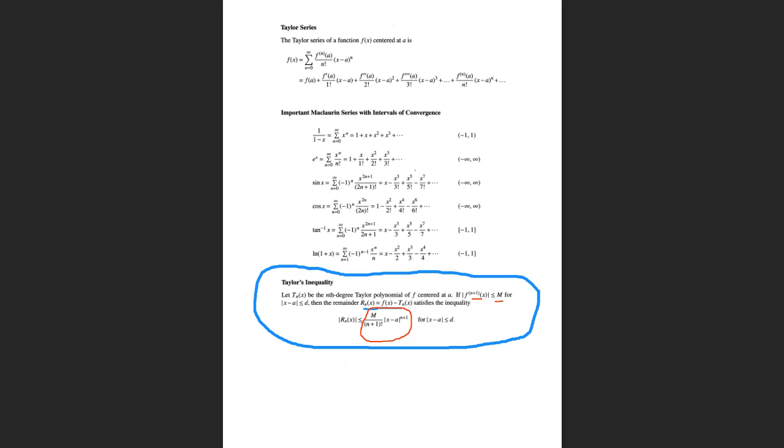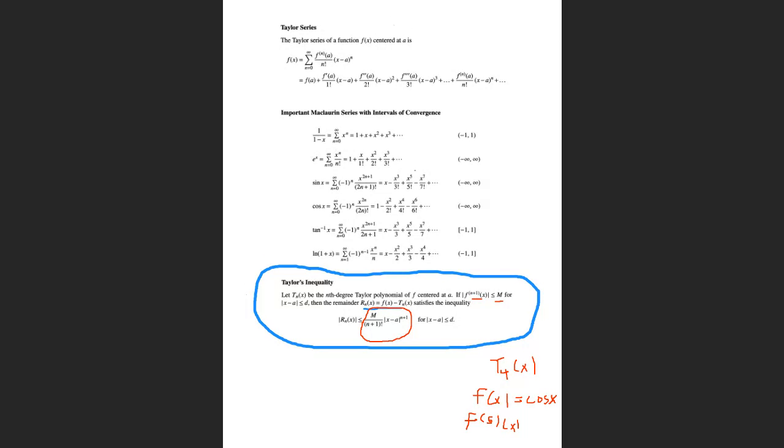Well, in our case, since we're working with a fourth degree Taylor polynomial, for our function, which is the cosine of x, we would need to find the fifth derivative of x, which is not hard to do. So let's go here. Man, hold on.